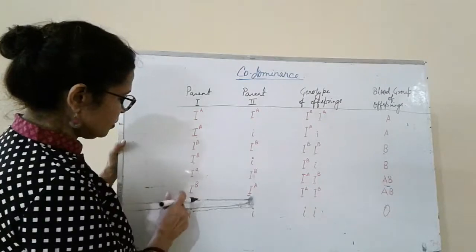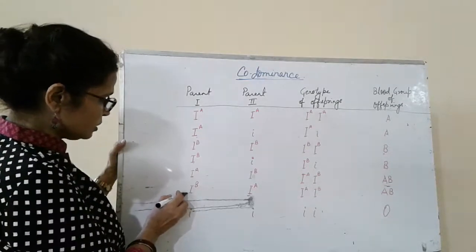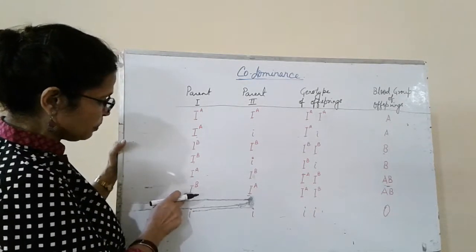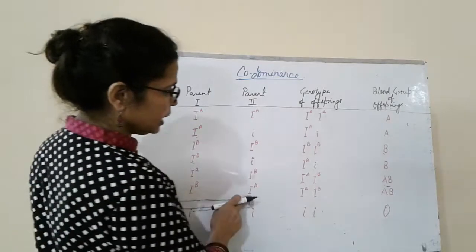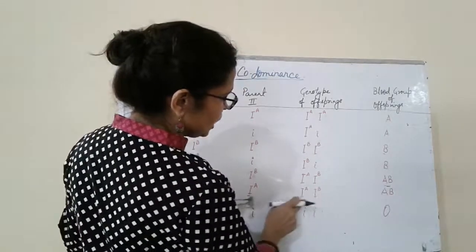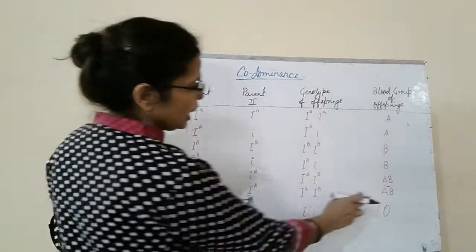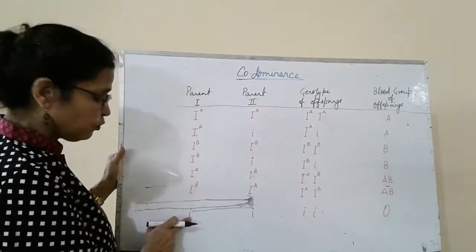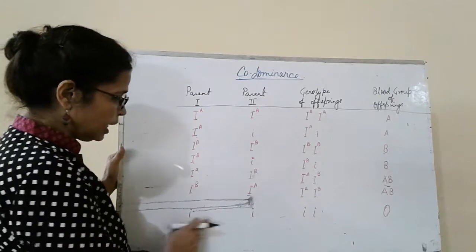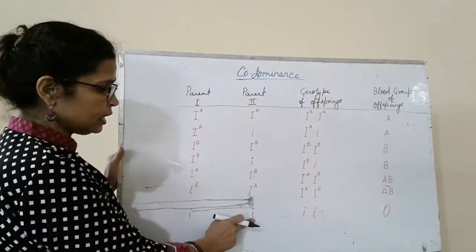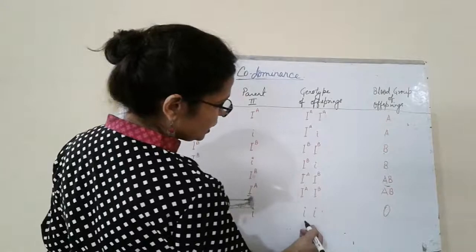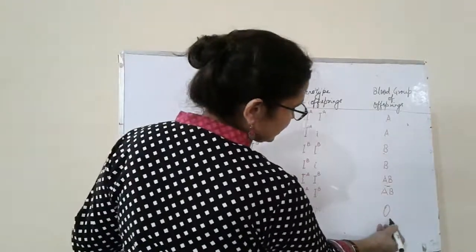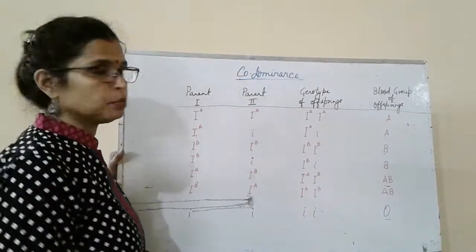Again, if the first parent has IB and second parent IA, the genotype is IA IB and the blood group is AB. In sixth condition, if one parent has a small i allele and the other parent has small i allele, then the genotype of offspring is ii, and the blood group is O.